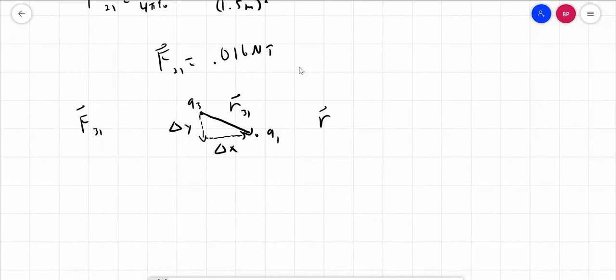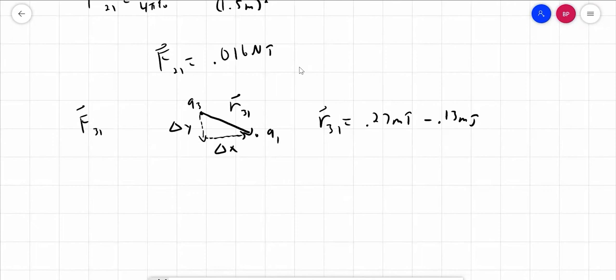So in our case, Q1 is at the origin, so it's particularly easy. The delta y is just the y coordinate of Q3, and delta x is just the x coordinate of Q3. Okay, you just have to make the signs right. So this means I have to go positive 0.27 meters in the x direction and negative 0.13 meters in the y direction. This is the vector that takes me from 3 to 1.